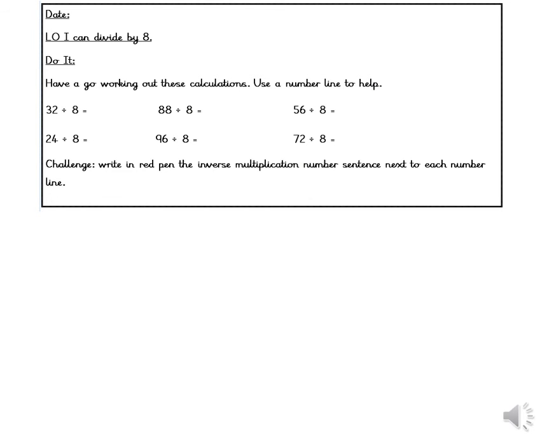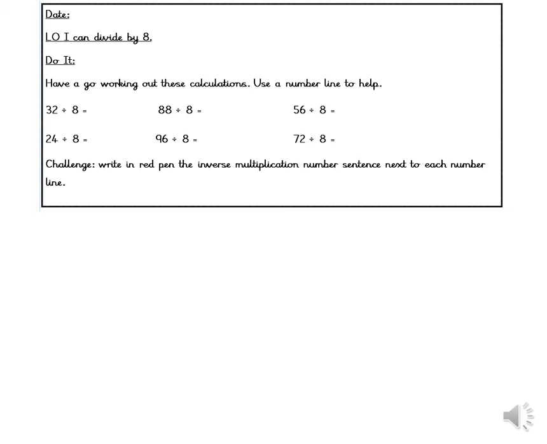Right, so today's sheet, you're going to be using a number line to work out these calculations. And then a challenge, once you've done your number line for them, is to write them in the inverse. Now, some of you might have the 8 times table sheet next to you. I don't just want you to look at that and write the answer down, because we are learning the process of using a number line and how that can help us to divide.